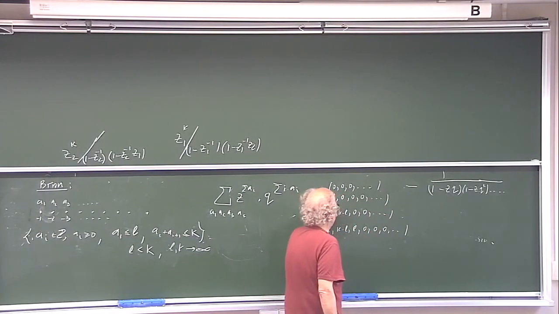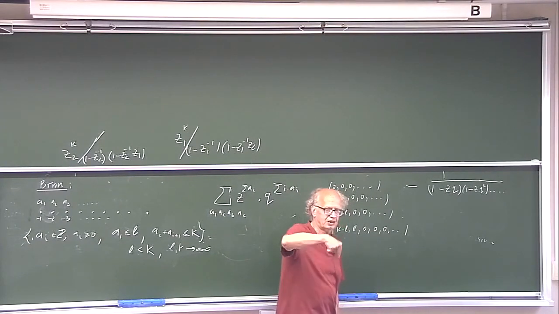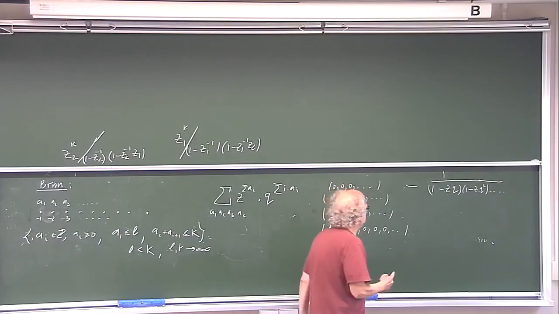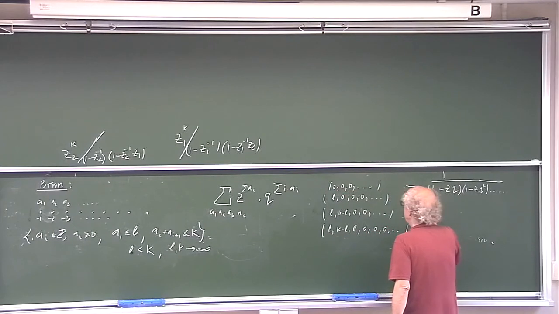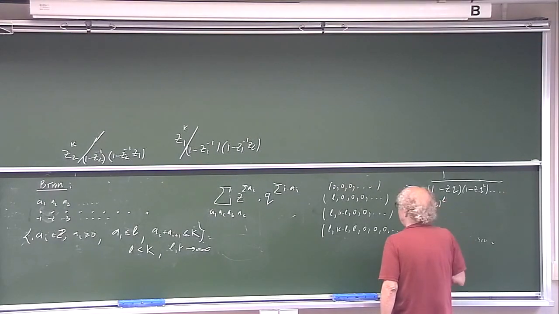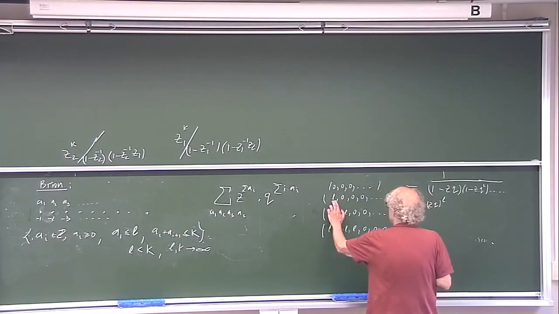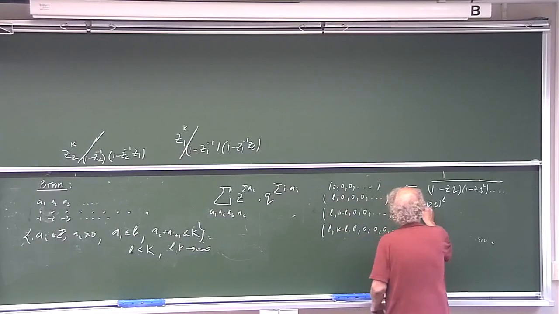But if I'm about L, I can only subtract something from L. Therefore, the contribution of this, what will it be? It will be zq power L, because it is the weight of this.